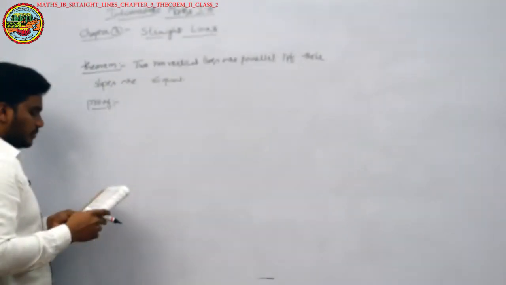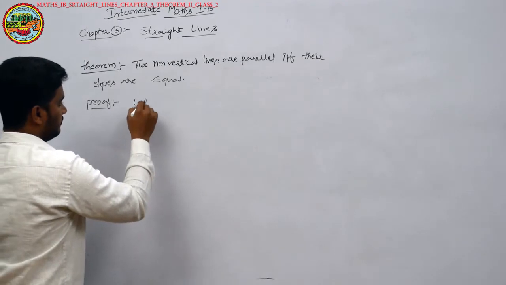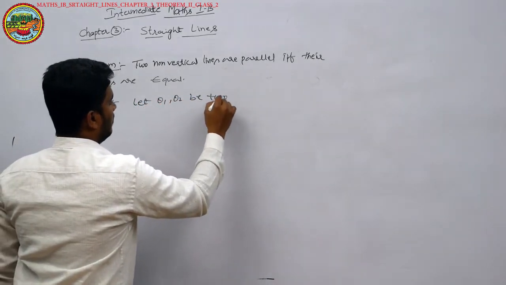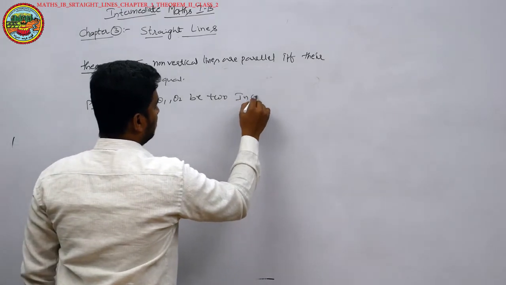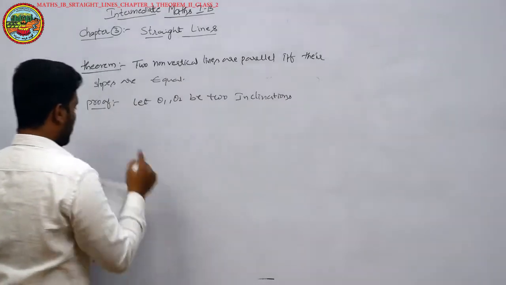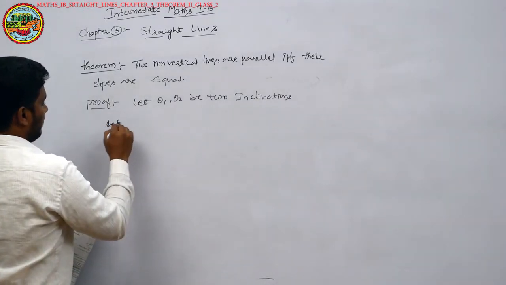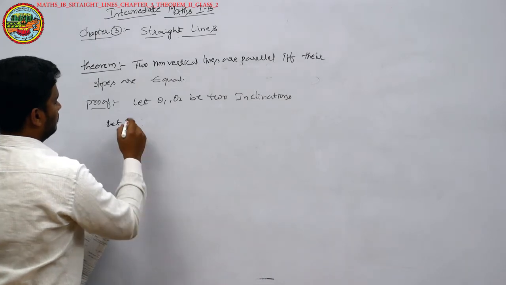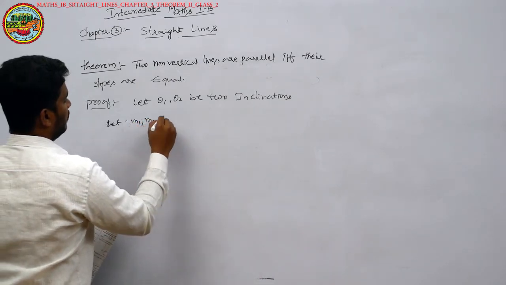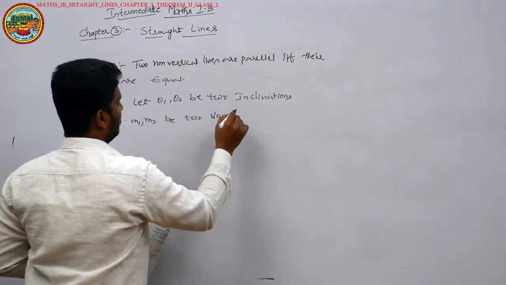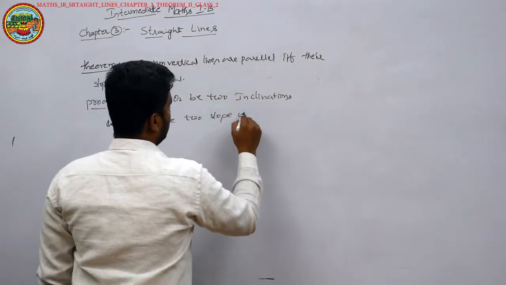let theta 1 and theta 2 be two inclinations or angles, and let m1, m2 be the two slopes with respect to the two lines.